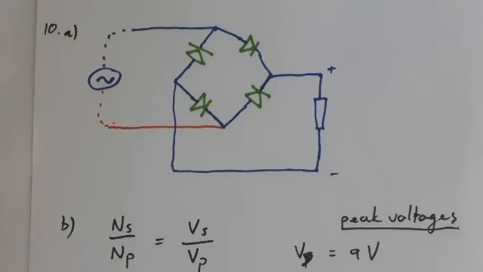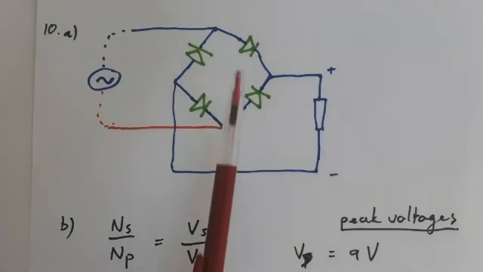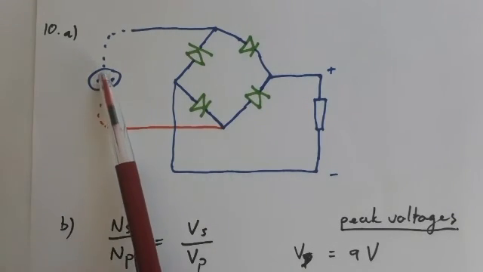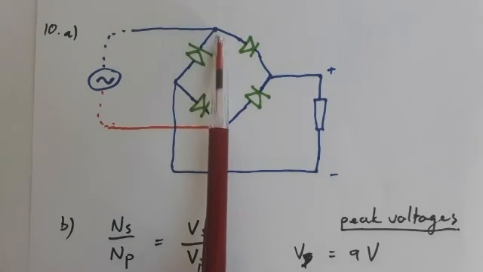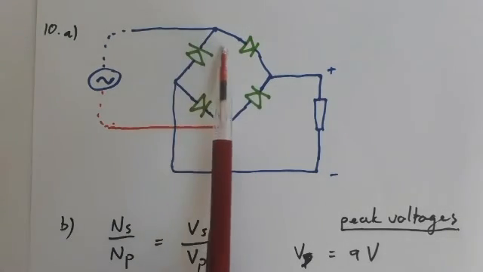Okay, so as I said, this is also a 2010 paper. Coming from a question like that, they give you the circuit and ask you to fill in the diodes in your rectifying bridge. We talked about this last time, and yes, we need the 4 diodes, and it must be in such a way that when my current goes into this side, it can only go in one direction.